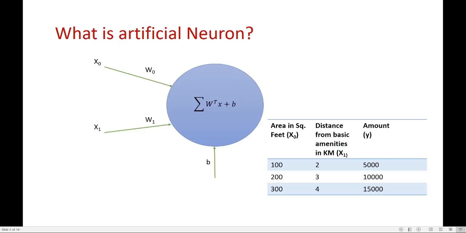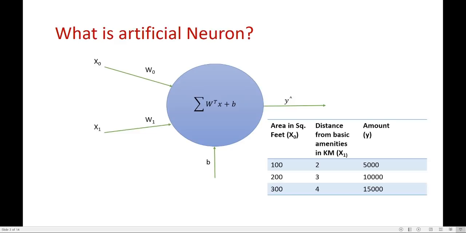So it is just trying to identify the linearity between the dependent variable and independent variables. Here in this case, y is called the dependent variable as house price is dependent on x0 and x1. x0 and x1 are called independent variables.